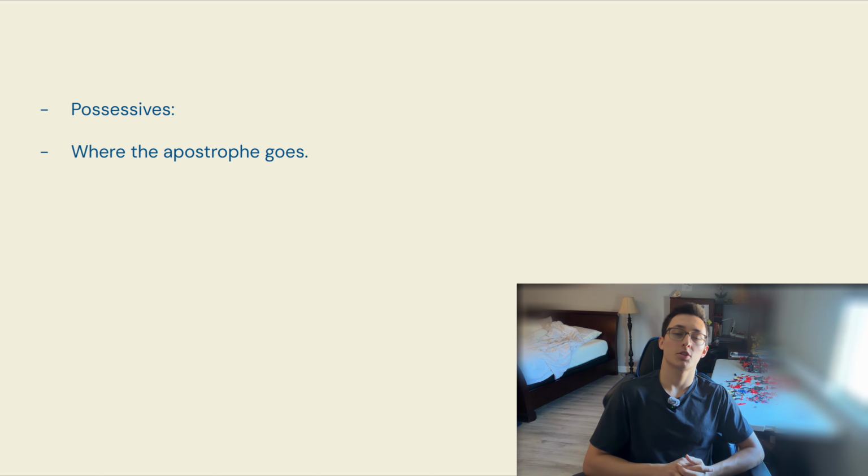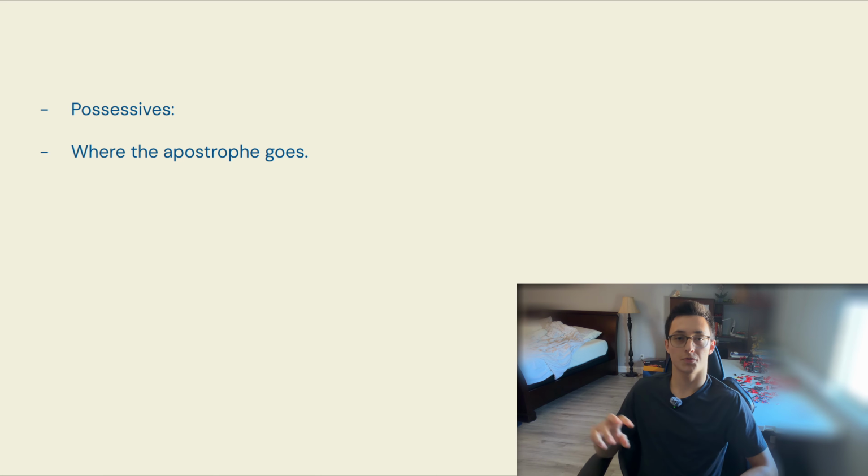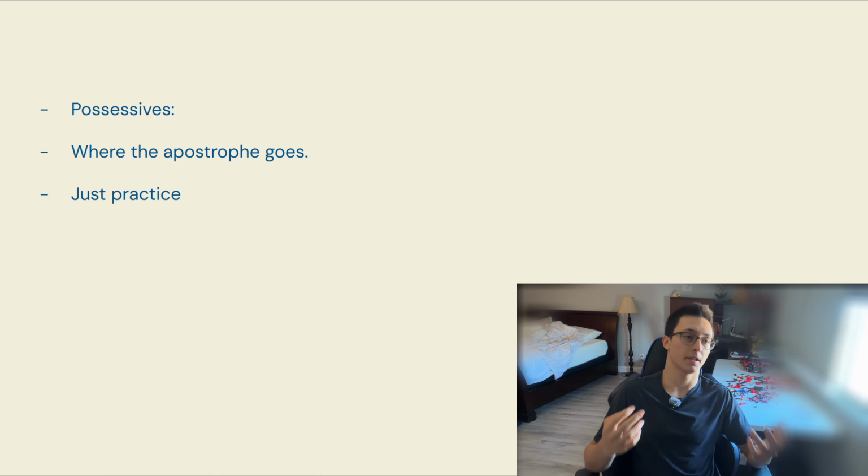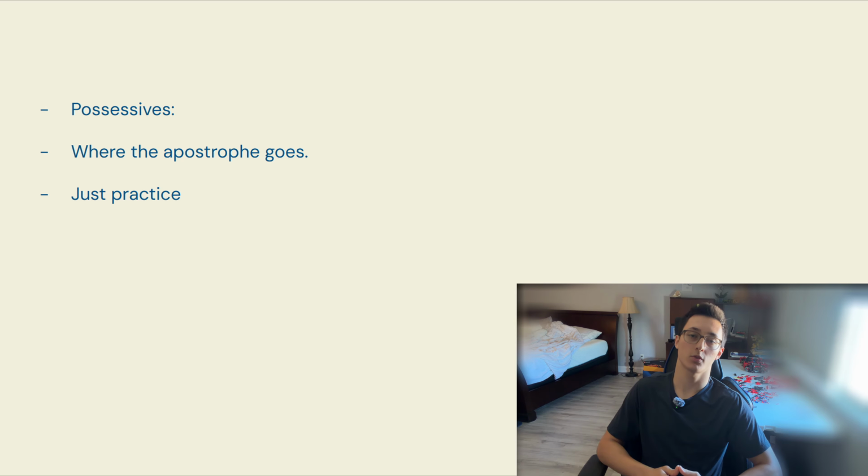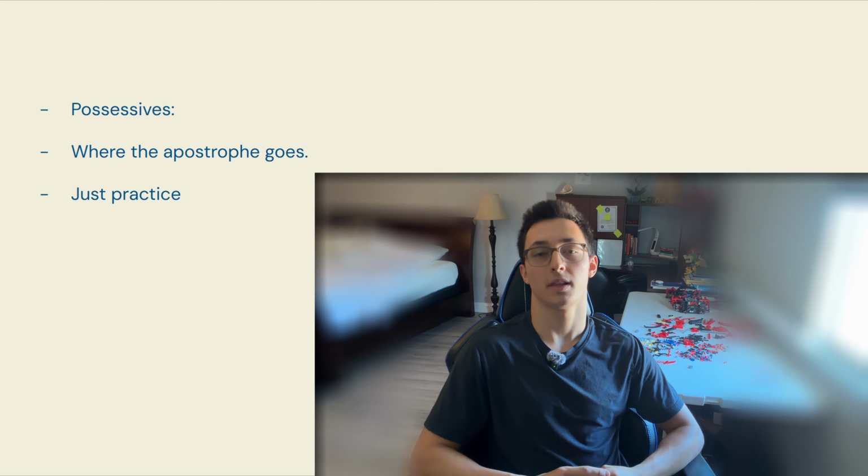So a good way to demonstrate this apostrophe rule is using the word players. Let's say the players ran onto the field. The players aren't showing ownership to anything. That means that there's no apostrophe needed. Now let's say the player's jersey had a stain. Now the jersey belongs to the player.